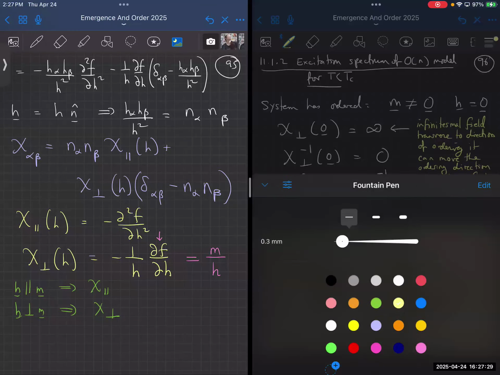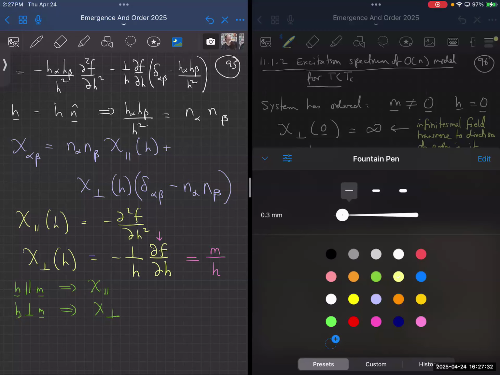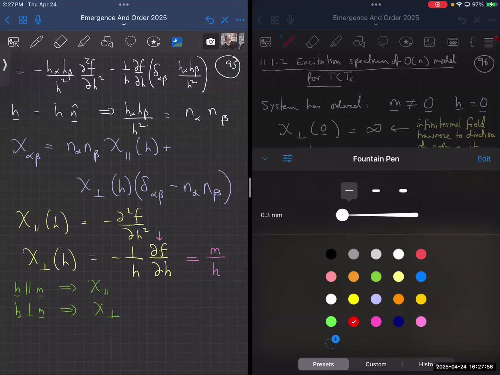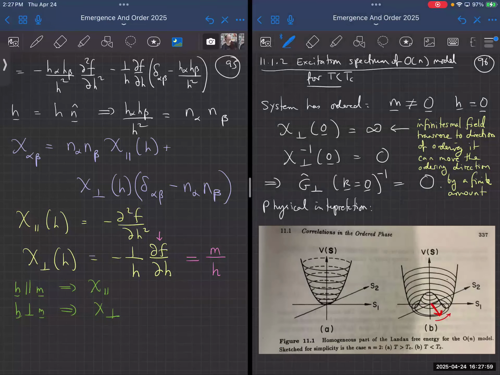So let's have a look then at this picture. It's very easy for us to see what this means. So here we are in the ordered phase. Here is the direction of ordering, like so. If I apply a transverse field, that transverse field is going along like this around this minimum, and the point is this: this minimum going along the bottom here is infinitely degenerate.